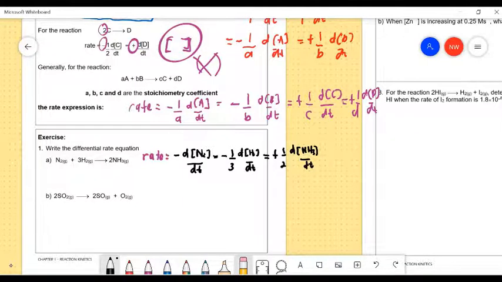So, next kita tengok untuk 1B pula. Okay, SO2 adalah kita punya reactant. Ini reactant. So, ini adalah kita punya produk. So, ini pun adalah kita punya produk.